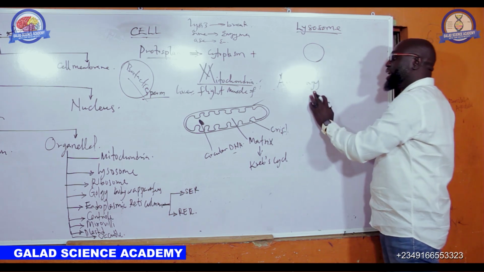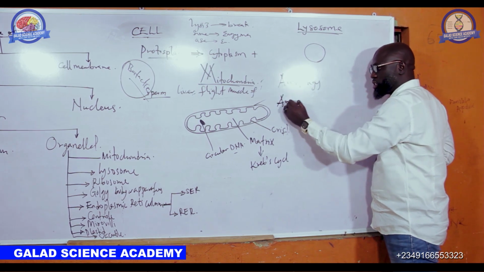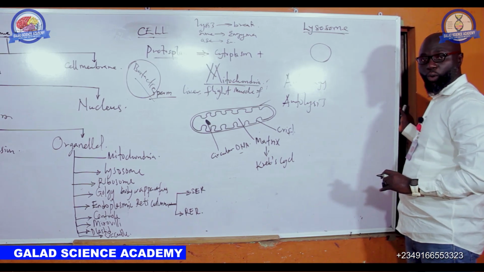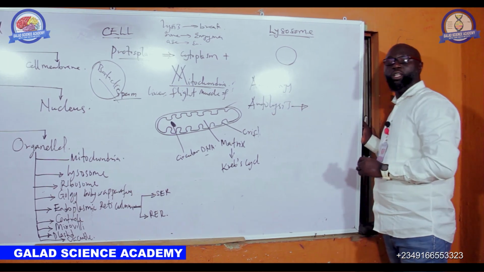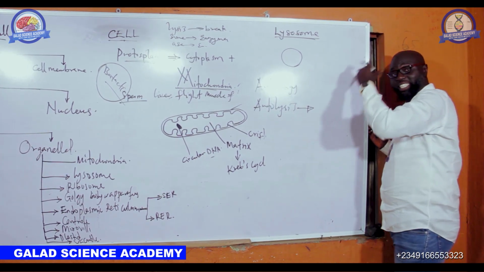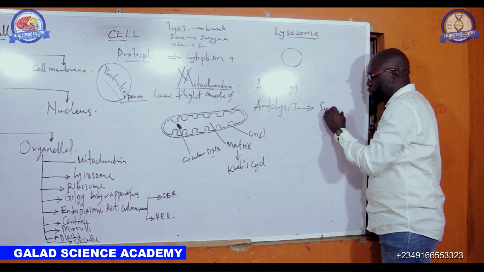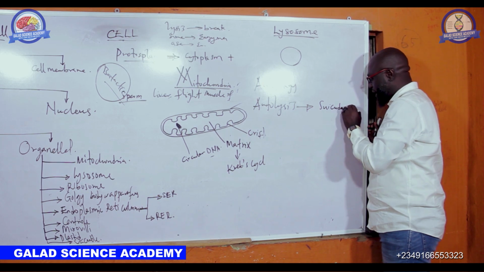This same lysosome is also used for cell digestion called autolysis. Autolysis is also called self-digestion in the cell by forming a suicidal bag.